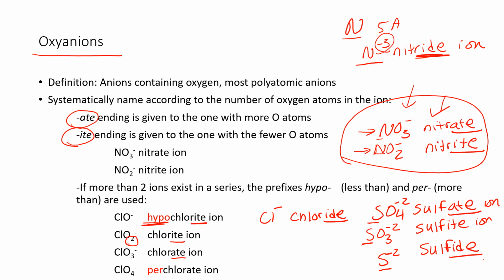Now, going back to English class, if you remember your prefix per, that means more. So perchlorate means 1 more oxygen than the ate ending. So it's going to be ClO4 minus. So do you see how there's rules to kind of help you see it as a less overwhelming task? So just remember the ate endings.